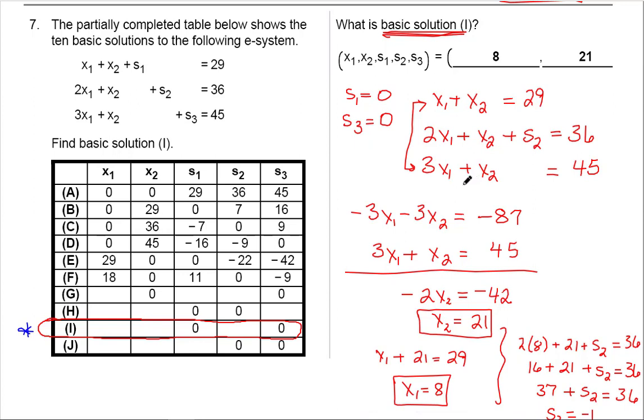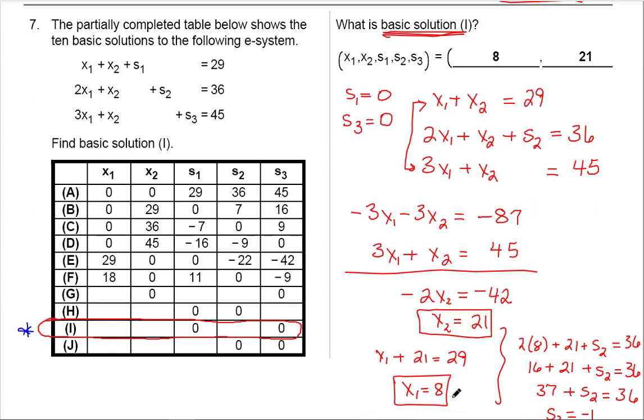I'm going to eliminate x1 by multiplying the first equation all the way through by -3, add them up, and I can figure out that x2 is 21. Well, if x2 is 21, s1 was 0, I now can figure out that x1 is 8.